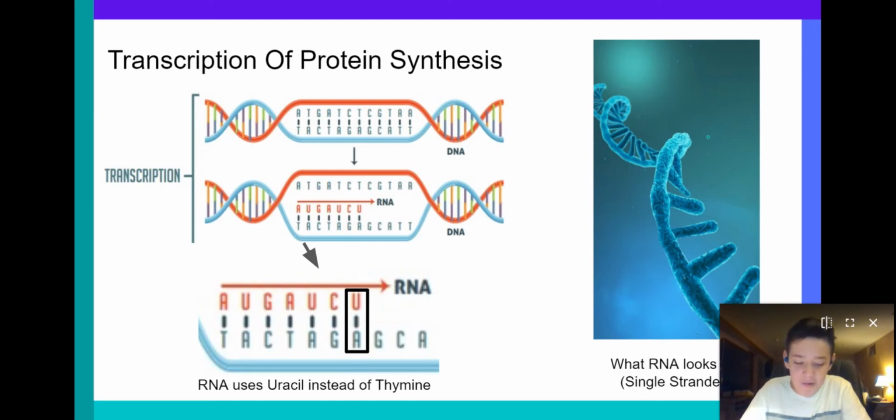Then RNA comes in and lines up with half of the split DNA and uses it as a template. So DNA unzips, then the RNA goes in and uses the one strand of DNA as a template.